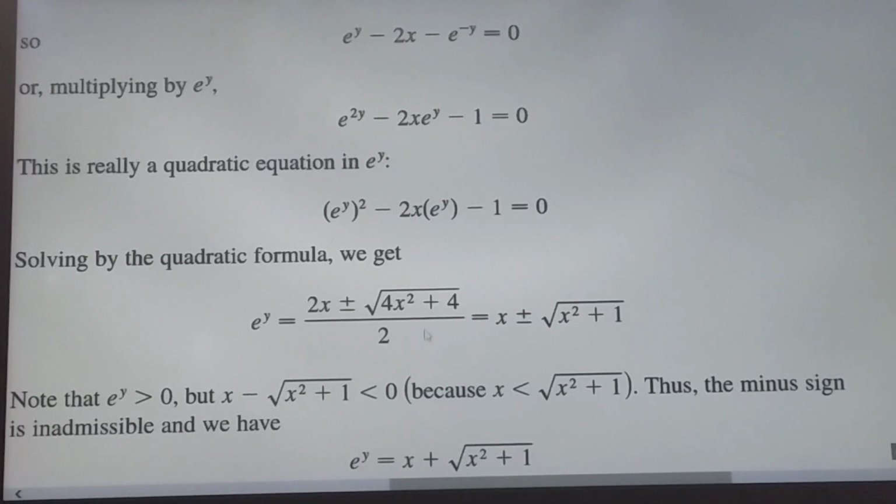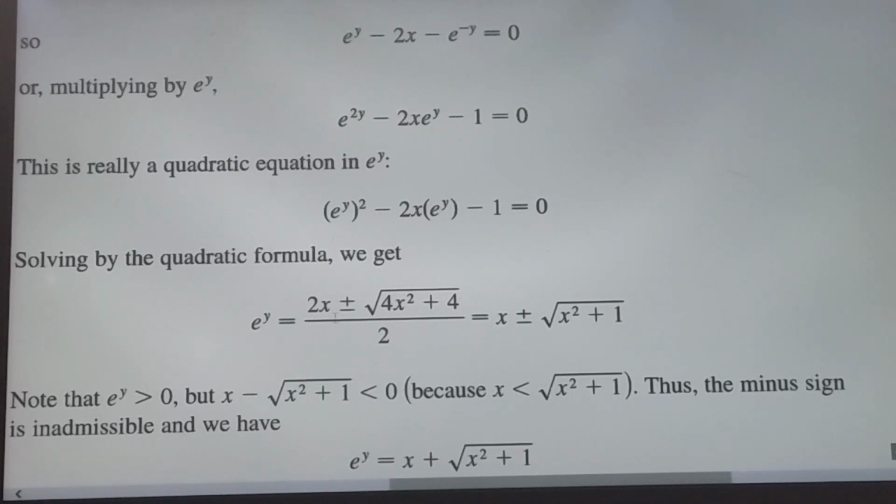It's b squared minus 4ac. So negative times negative becomes positive 4. a is 1 here, c is also 1, so it becomes 4. Everything over 2.